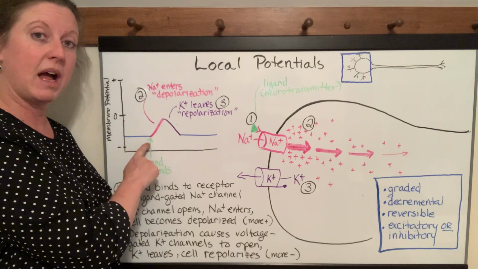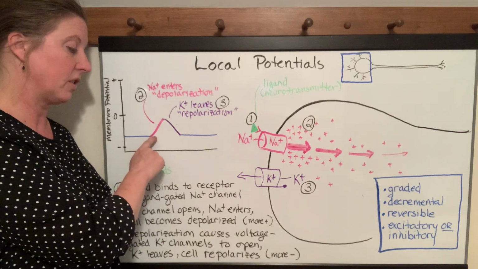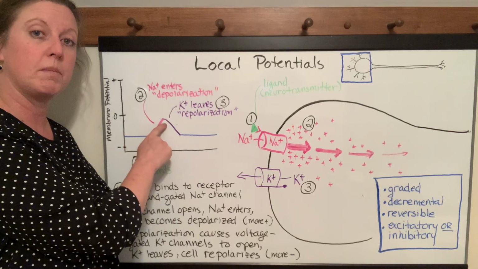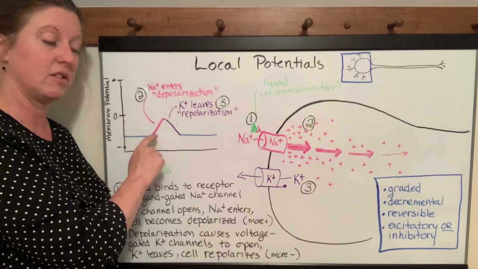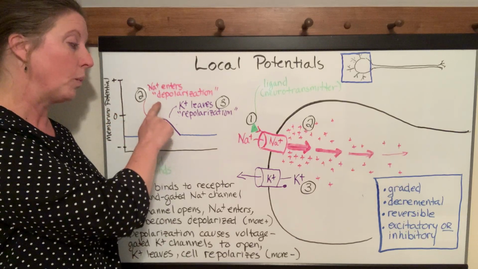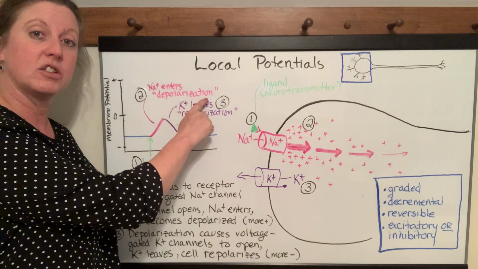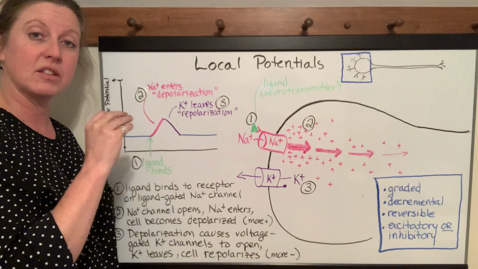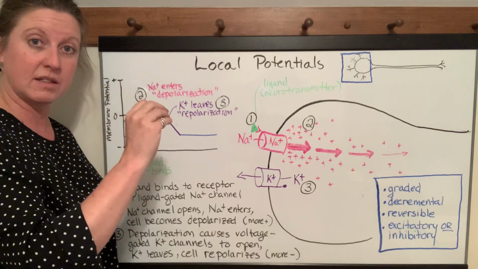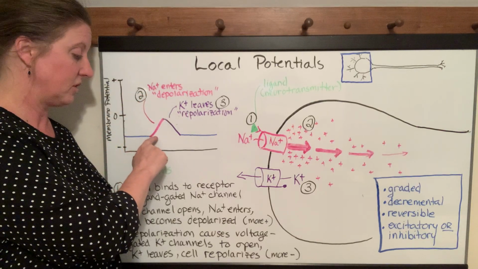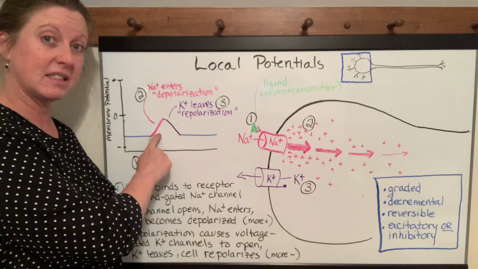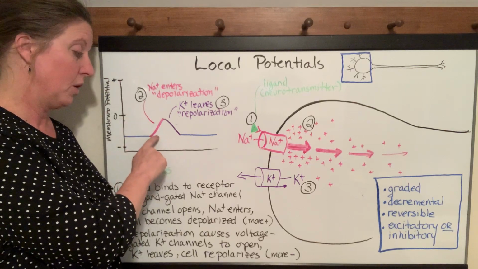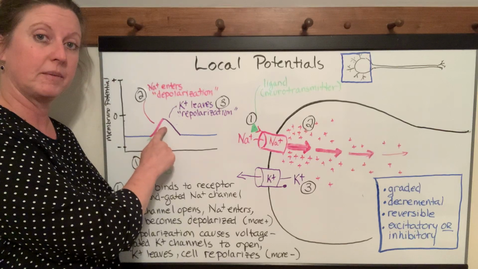When the ligand binds to the receptor, sodium channels open, sodium comes in, and the inside of the cell becomes more positive, moving towards the positive end of the graph. We call this depolarization because the resting membrane potential is polarized. It is already different between the inside and the outside. And so when we allow it to become less different, moving closer to zero where things are the same, we say that it is depolarizing.